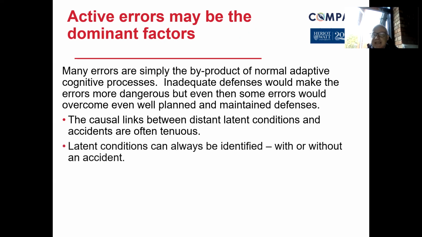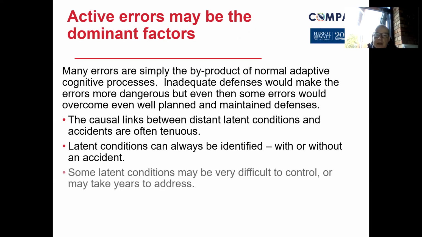Those latent conditions can always be identified with or without an accident. So what we're saying there is, don't wait for an incident to happen before you do something about it. Be proactive. Some latent conditions may be very difficult to control or may take years to address, and that's very much about the culture of the organization and their ability to respond to change.